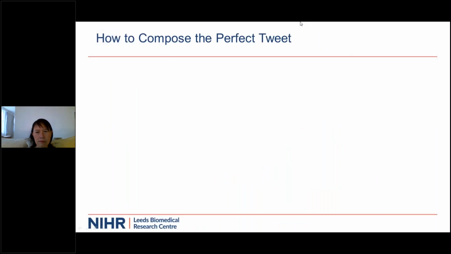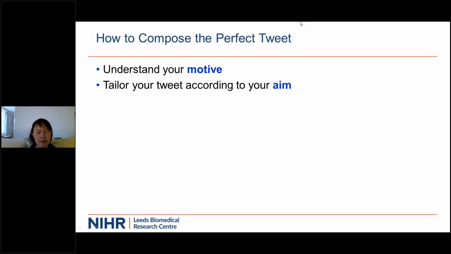Finally, to conclude on how to compose the perfect tweet, here are my further top tips. The first is to totally understand your motive for writing a tweet. This will allow you to tailor-make your tweet according to your aim, which is driven by the motive for your tweet.